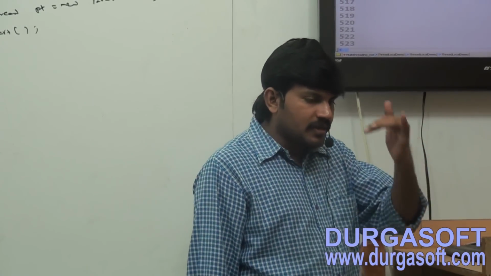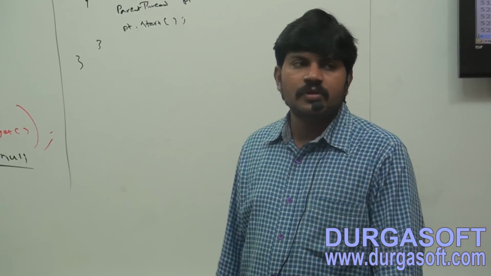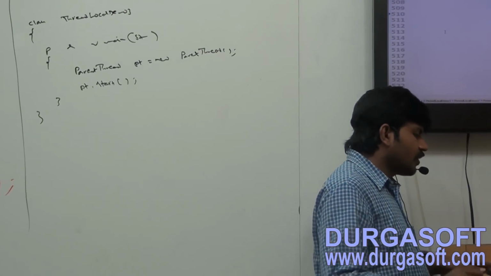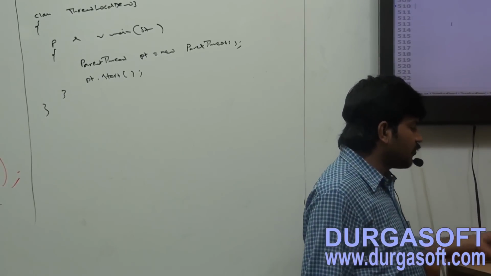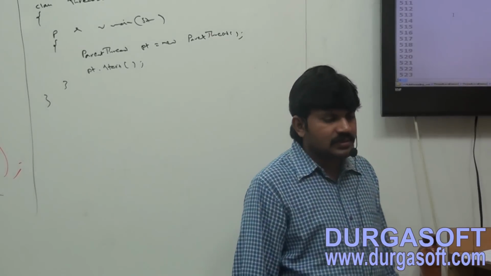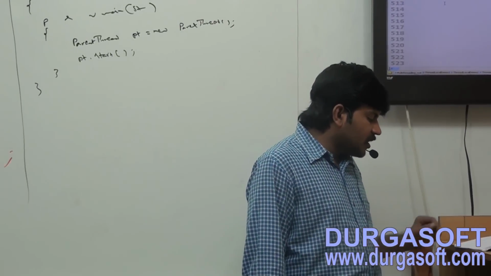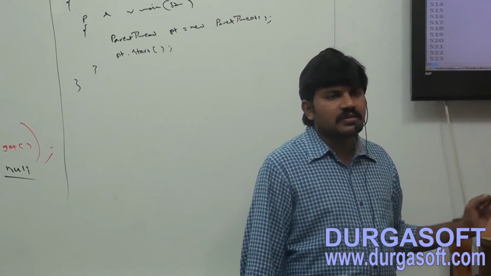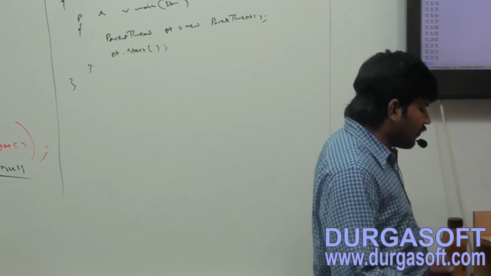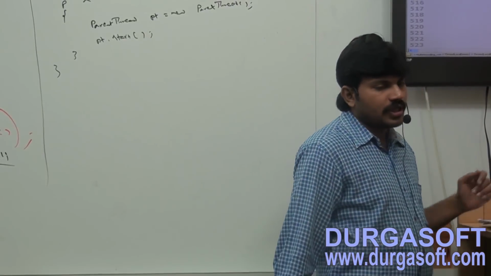What method? childValue. Hence, as a child class of ThreadLocal, all methods present in ThreadLocal are by default available to InheritableThreadLocal.